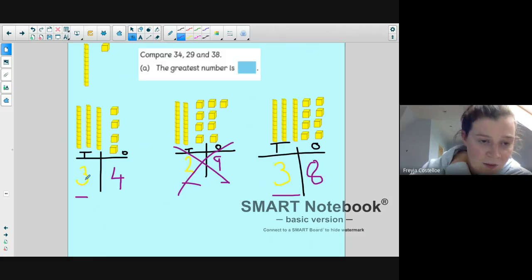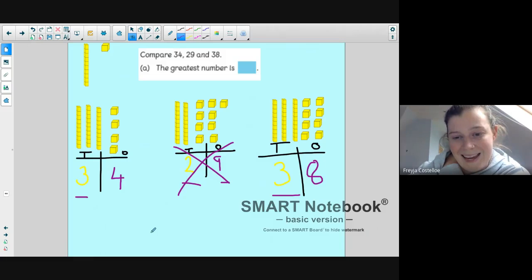Now I'm left with 34 and 38. So my tens here are the same, so I can't compare them. If my tens are the same, what do we look at next to help us compare the size of the number? We look at the ones, don't we?